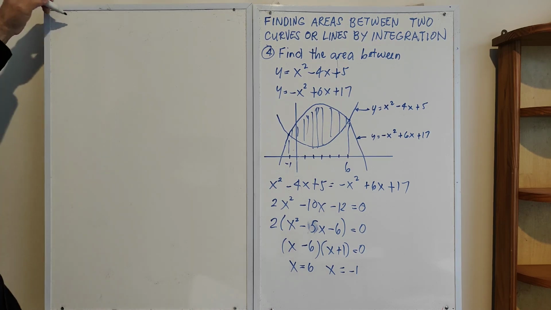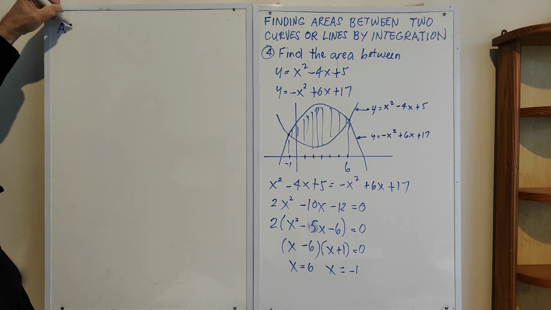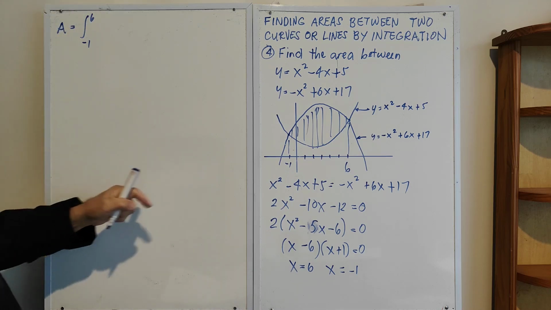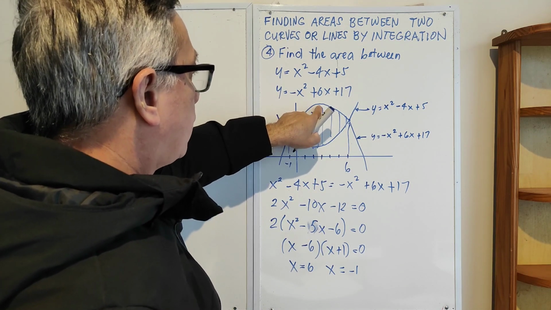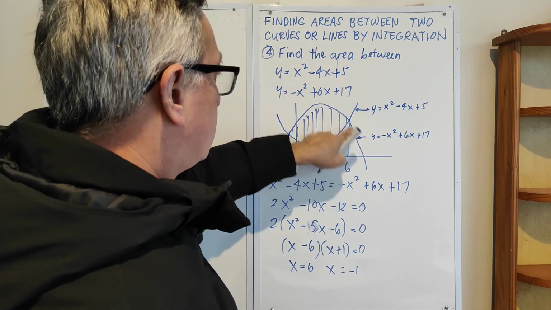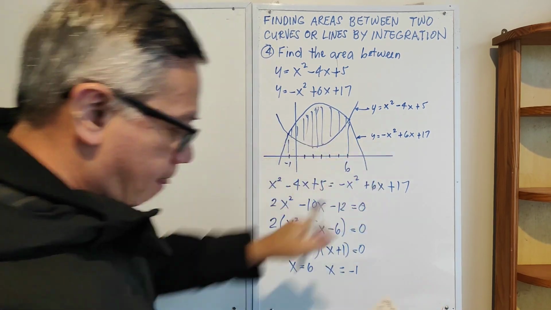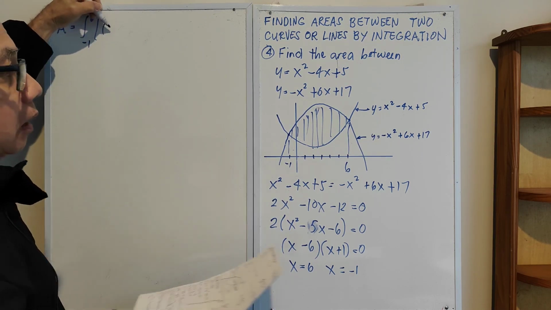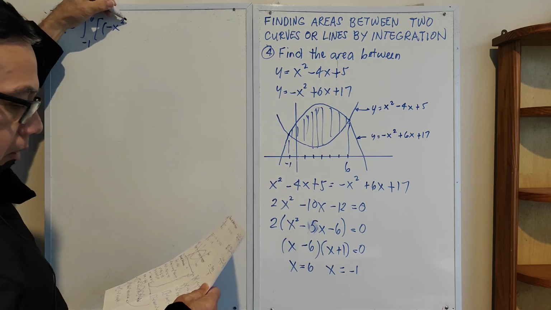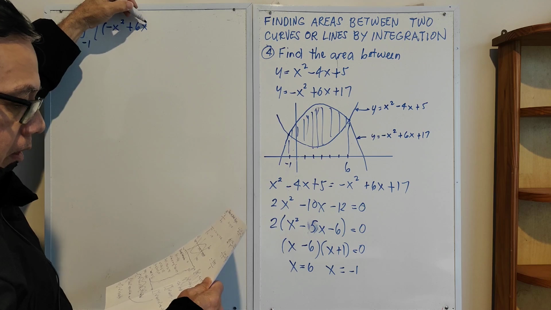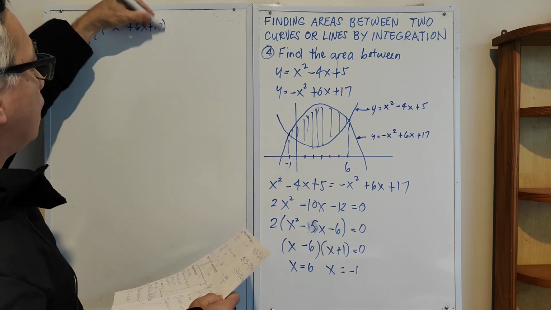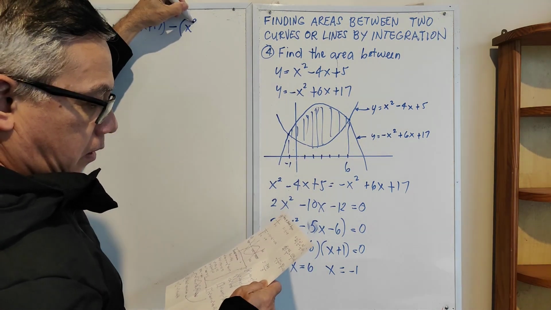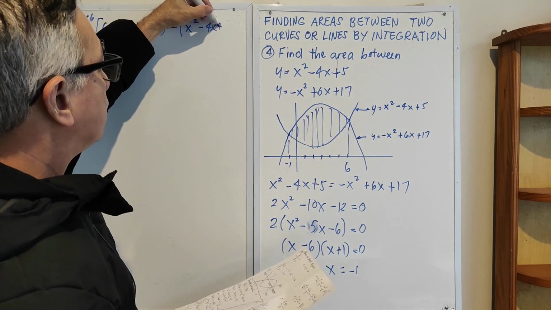So to get the area, we need the integral from negative 1 to 6 of the top minus the bottom. The top would be negative x squared plus 6x plus 17 minus the bottom one, x squared minus 4x plus 5.